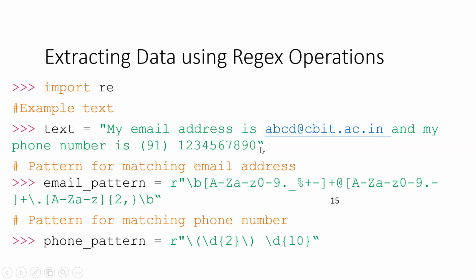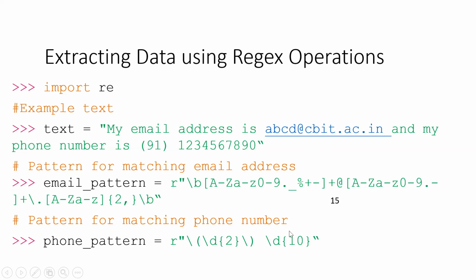After that we have 10 digits, so this is \d, D for digits, and in curly brackets 10, meaning exactly 10 digits should be there. This is how you write the pattern for the email address and for the phone number.